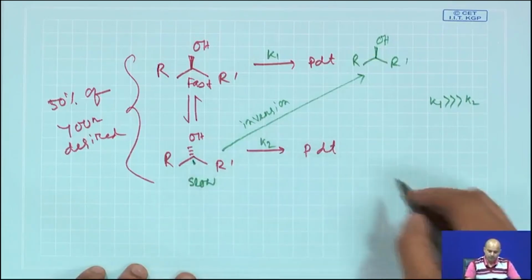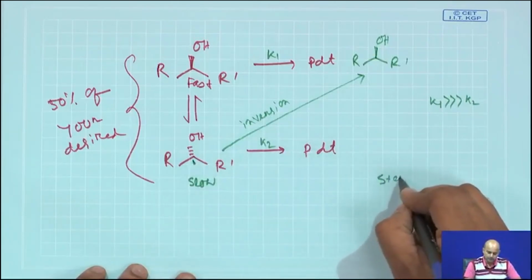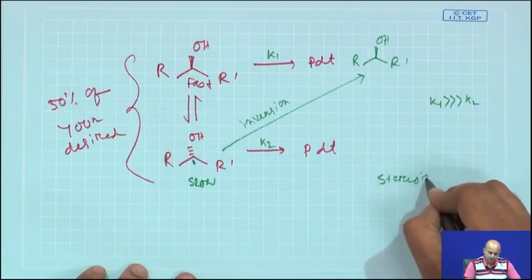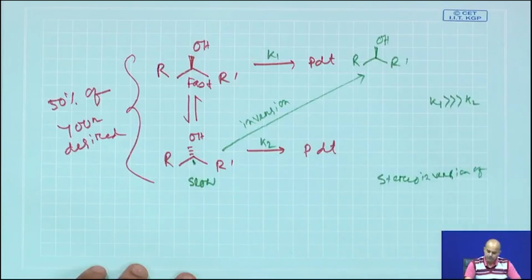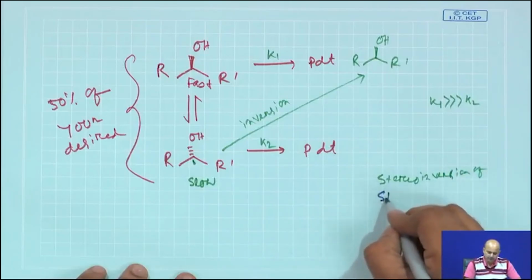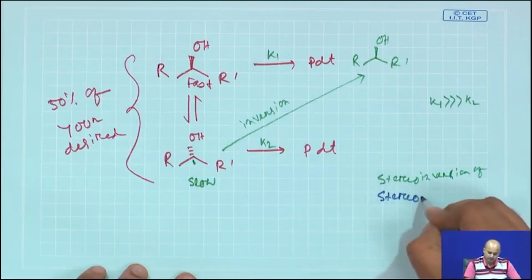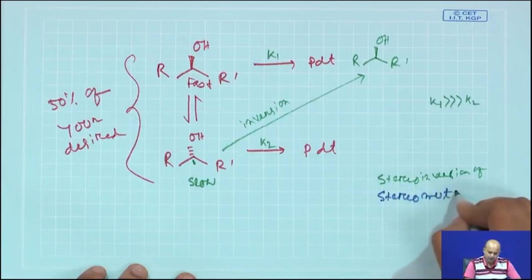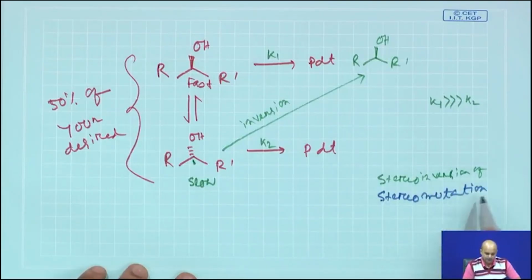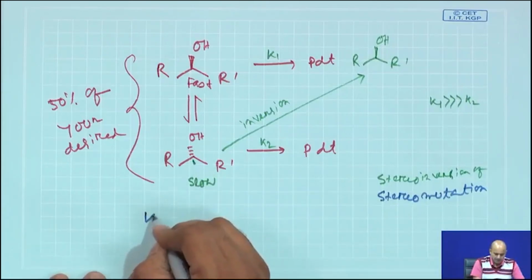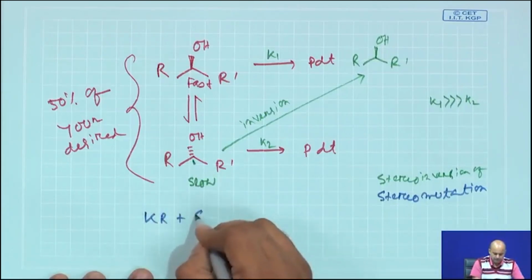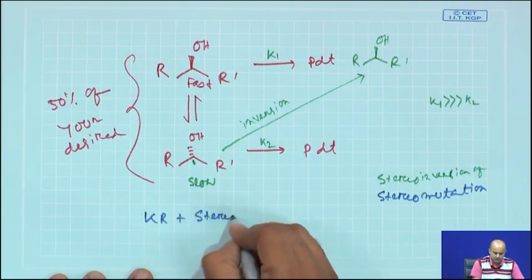Now, this particular point we call stereo inversion or stereo mutation. Mutation is a terminology often used in biology, but stereo mutation means changing. A stereo center has been changed. So, sometimes kinetic resolution plus stereo inversion is coupled together.